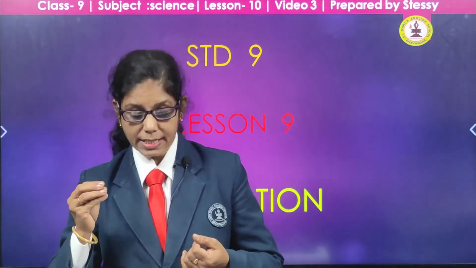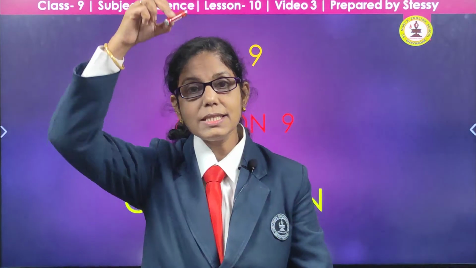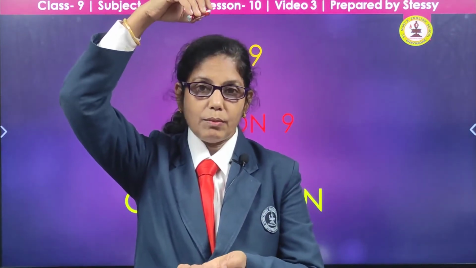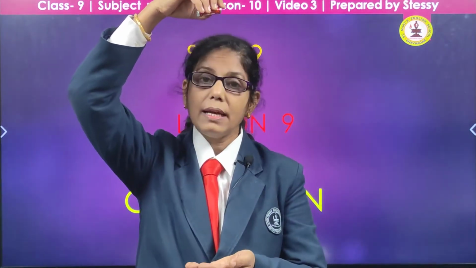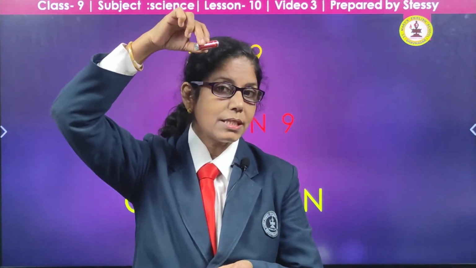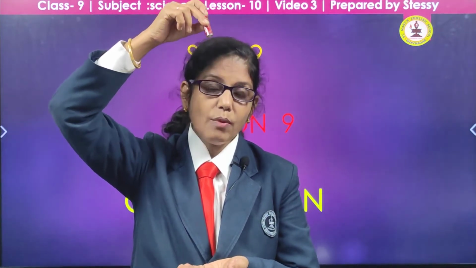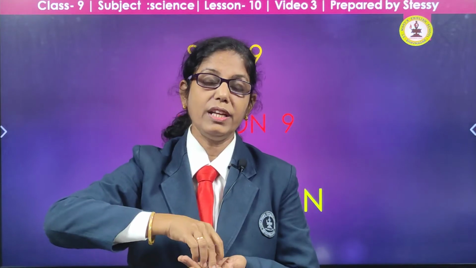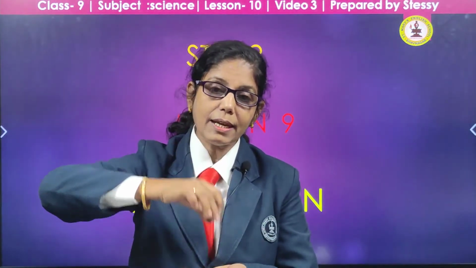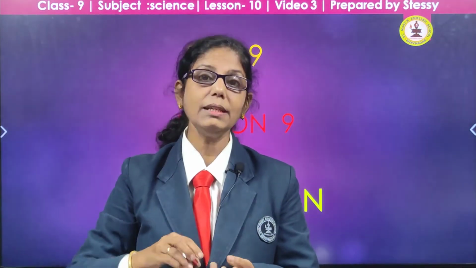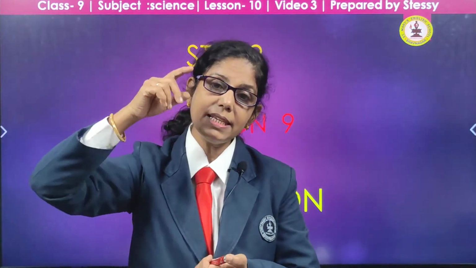Now we are considering a body which is dropping. There are 2 cases. One is a body thrown vertically downwards. When a body is thrown vertically downwards, it has initial velocity and final velocity, but the difference is its acceleration is acceleration due to gravity.